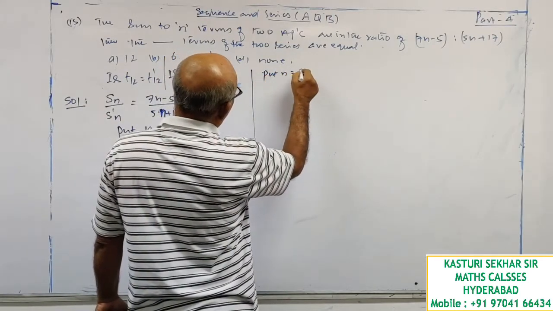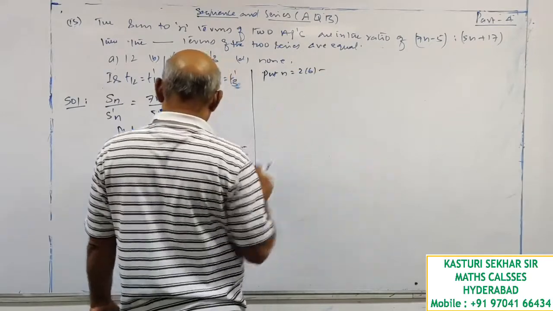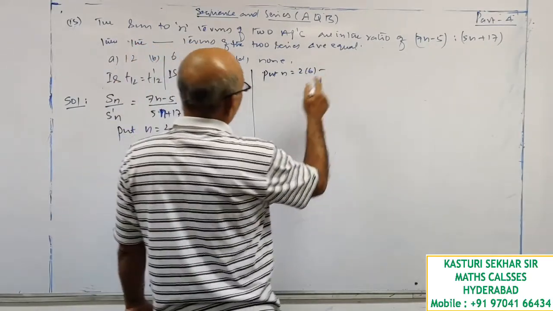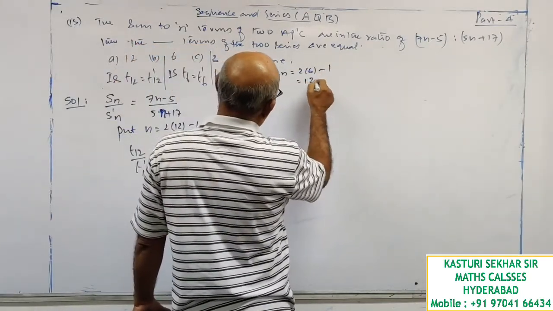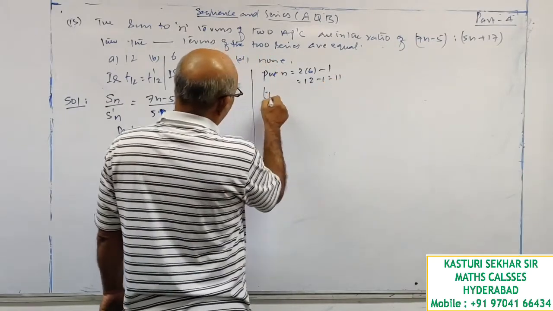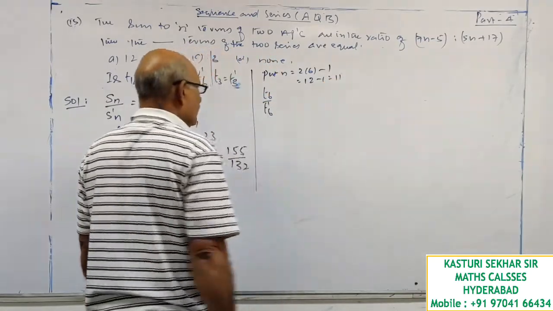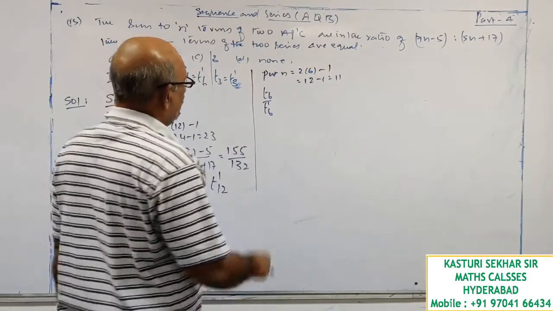Put n is equal to 2 into 6 minus 1, so 12 minus 1, 11. Left hand side will become T6 by T dash 6.